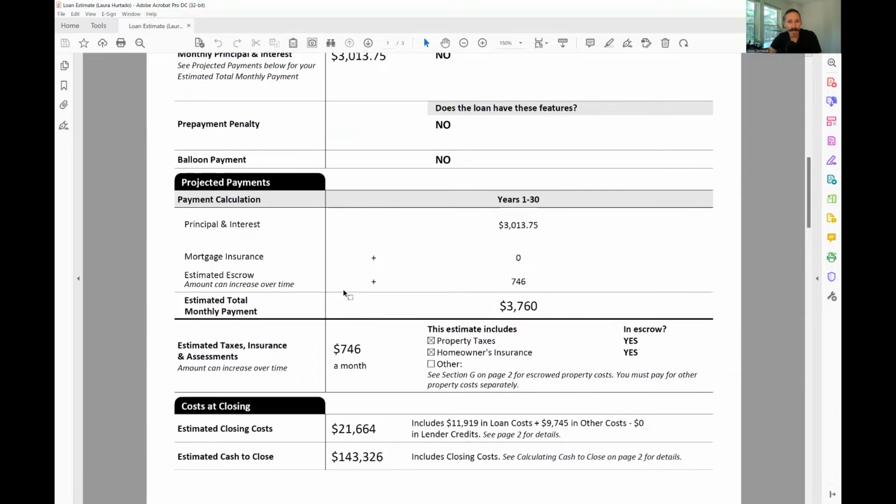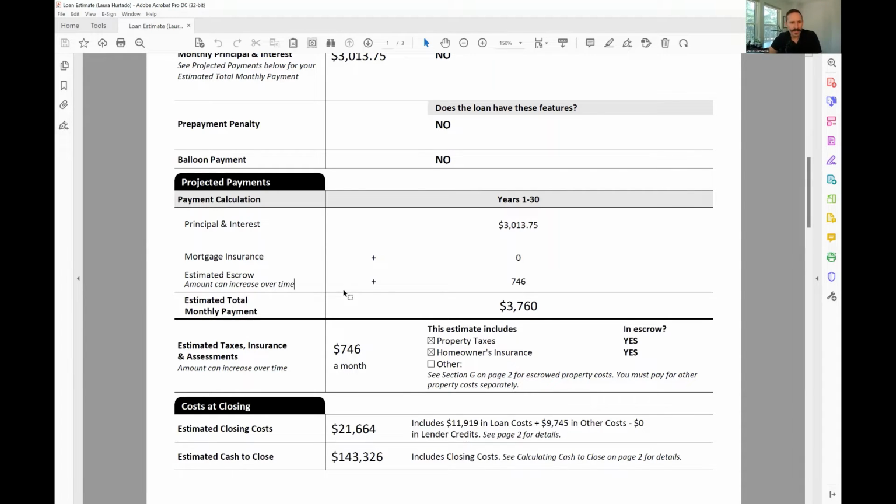If the property tax collector in your county raises your property taxes because of bond measures that are passed or whatever, then your property tax will increase. And as a result, your estimated escrow payment will increase as well. If your homeowner's insurance company increases your insurance premium, or if you choose to take a larger insurance premium because you want more insurance, then that too will increase.